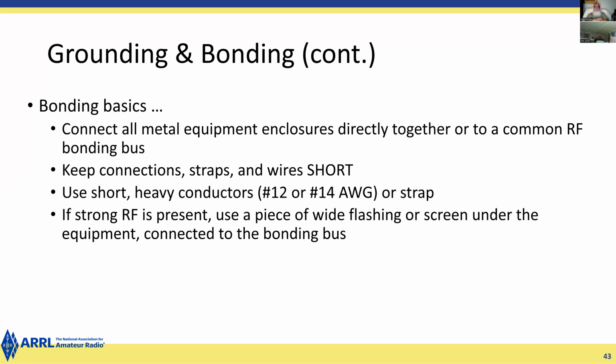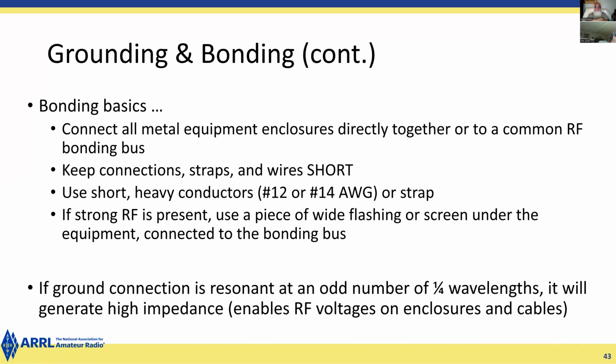If you have a lot of problems with RF in the shack, sometimes you can put a piece of copper flashing or a copper plate underneath your equipment so that it gives it a little bit more shielding and other paths for the RF to drain away.